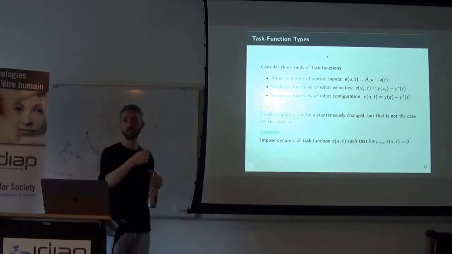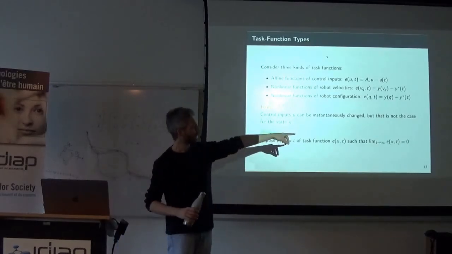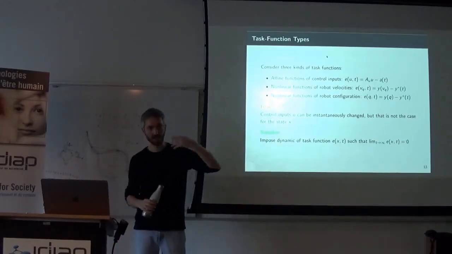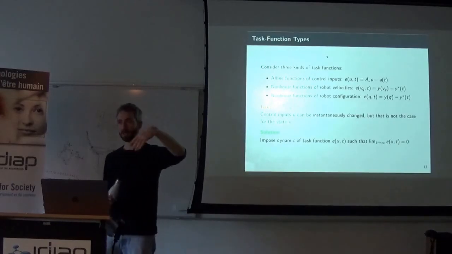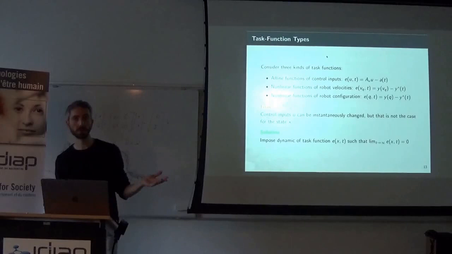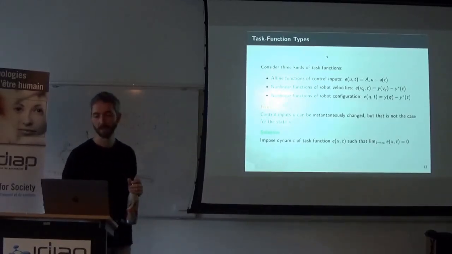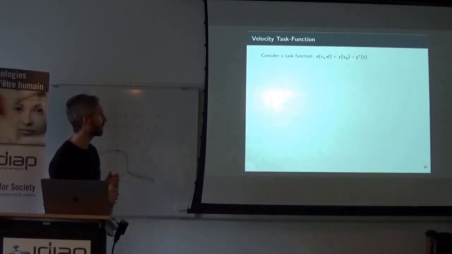So we're going to affect the derivatives of this function in such a way that the limit for time going to infinity of this function tends to 0, because that's the minimum we would like to achieve. So let's see how it looks in practice.